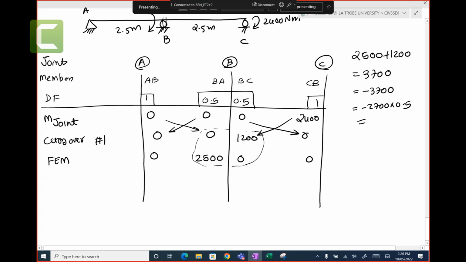Then we make it minus 3700. And then minus 3700 times 0.5 gives you 1850.